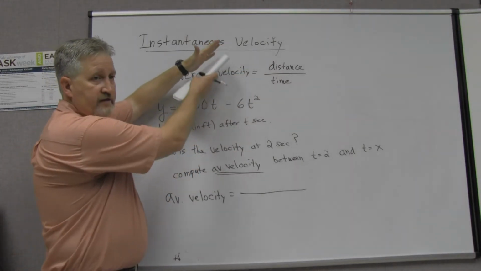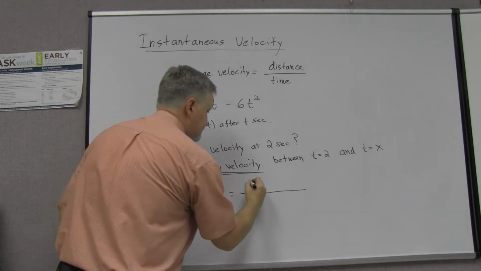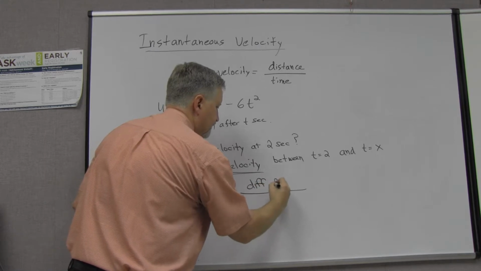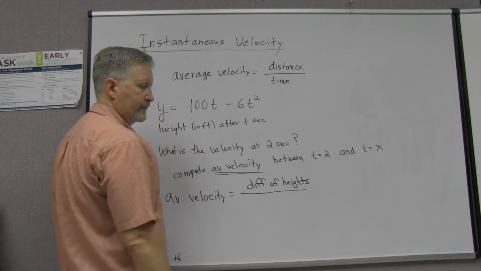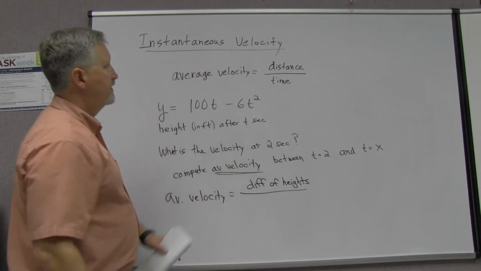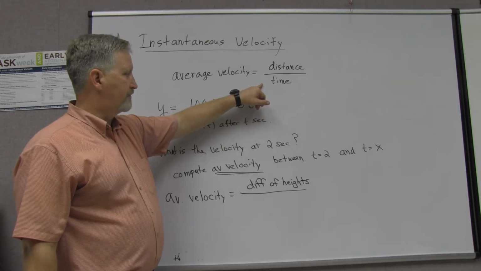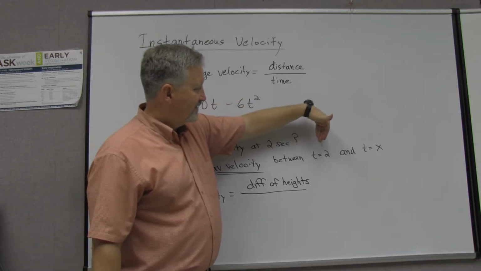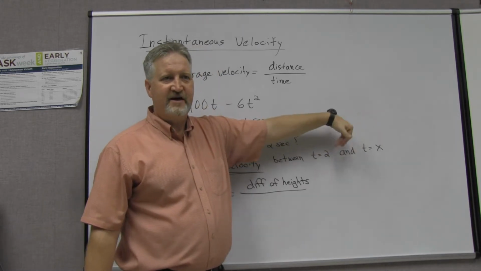So isn't the distance I traveled the difference of the heights? Divide that by the amount of time I've traveled. Well, if I go from 2 seconds out to another, it's just the difference of the times, you see.